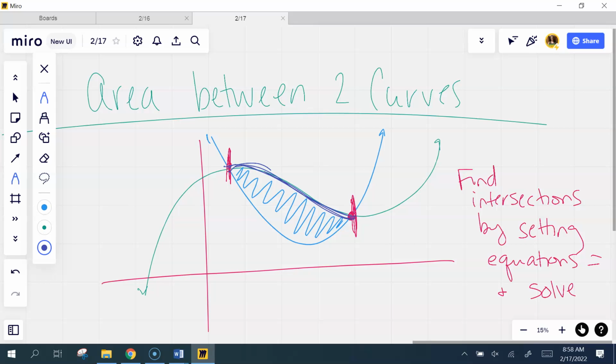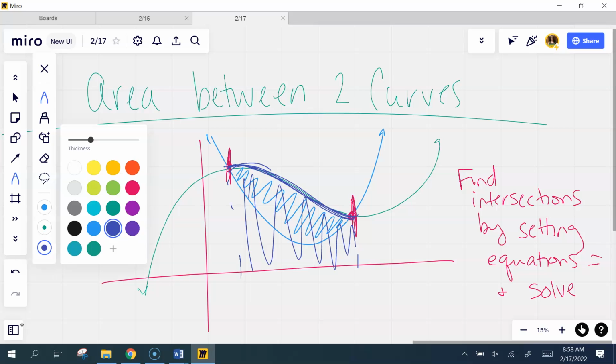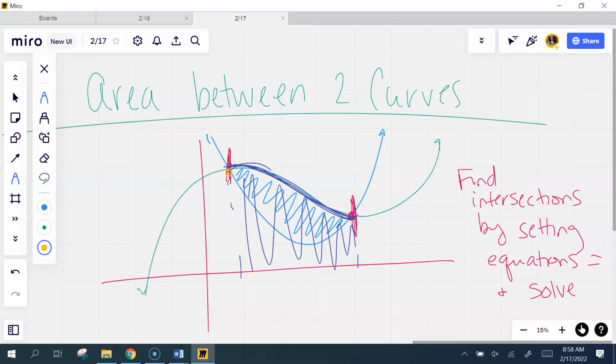If I found the area under that curve from those two points, what I'm finding is all of this, right? Then if I took this light blue graph here and I found the area under it, then I'm finding all of this. Do you agree? Then you can subtract them.